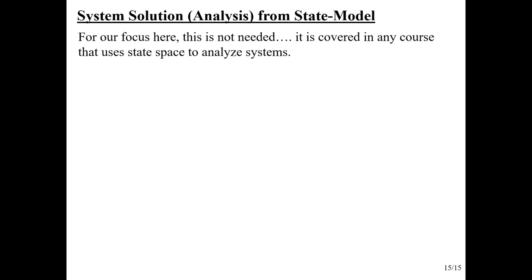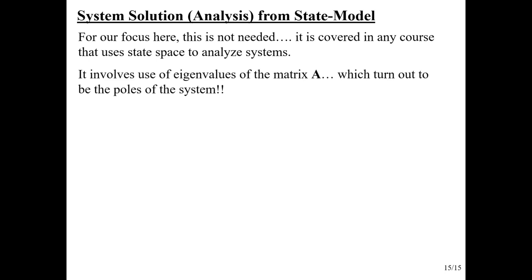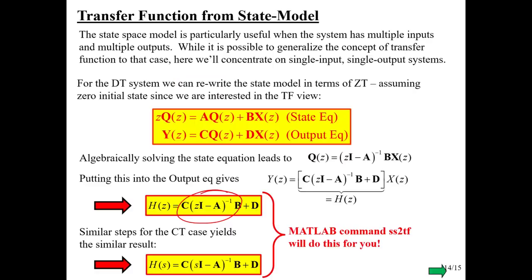And I just threw that in just for completeness. And I also threw this in for completeness. This is how we might use a state model to analyze a system. That's not what we're going to focus on here. But it involves that inverse matrix that we just saw, and it involves eigenvalues of the matrix A. Hey, look at this. If you remember eigenvalues, that's the kind of thing that you see showing up in the characterization of eigenvalues.